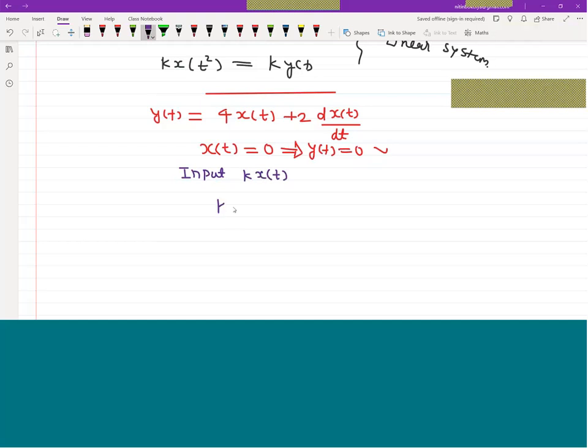Output will be k times y t. आप रख के देख लीजिए, जहां जहां x t है वहां k का मल्टीप्लाई कर दें, so you can take k common. So k times x t is equivalent to k times y t, and if so, the system is said to be a linear system. But non-homogeneous differential equations are non-linear, है ना? So this is the idea.